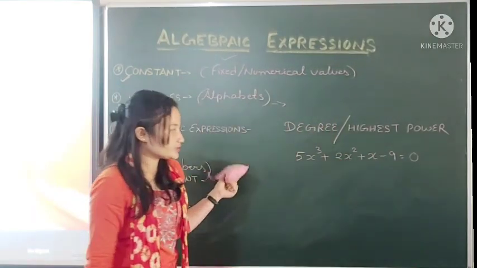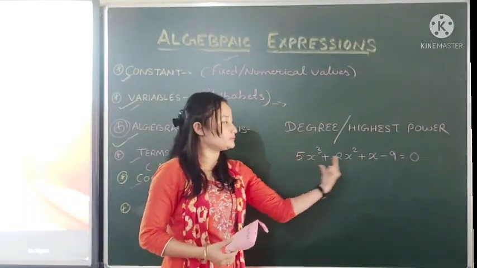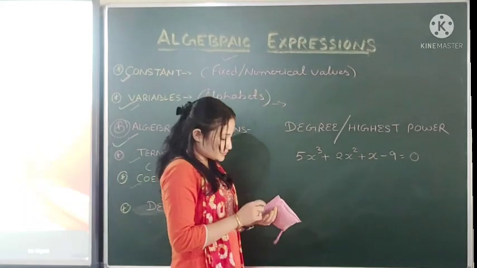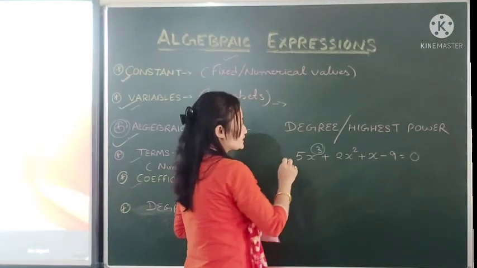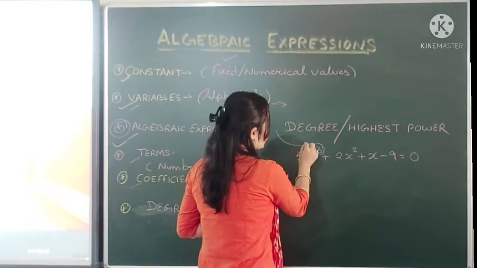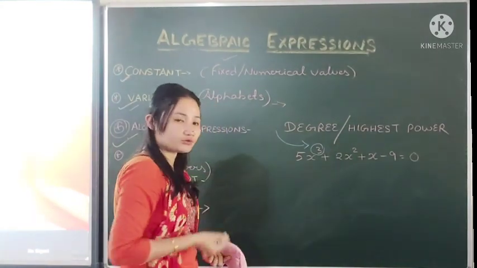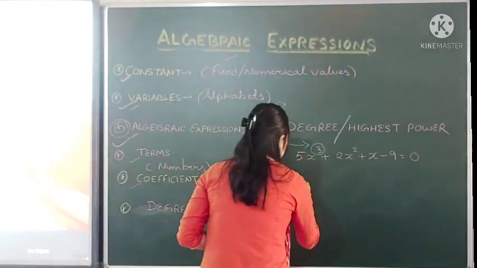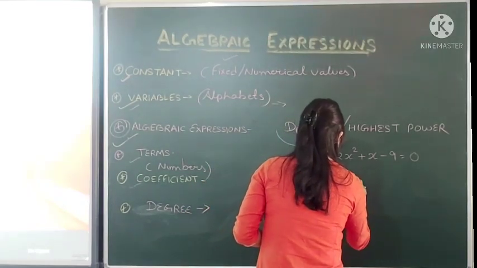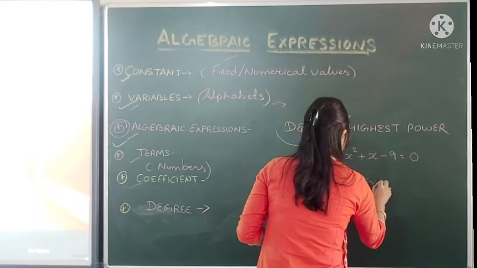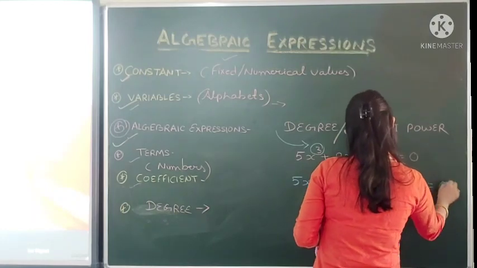In this expression, let's check what the highest power is. We have the highest power as 3. So we can say the degree of this algebraic expression is 3. Let's try one more question related to degree: 5x power 4 minus 9x cube plus 5x square plus x plus 2 equal to 0.